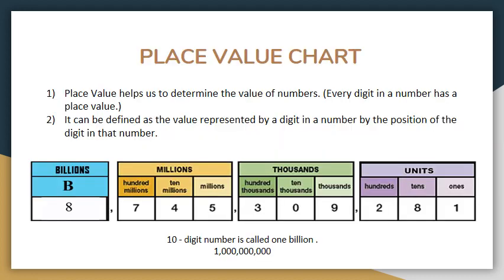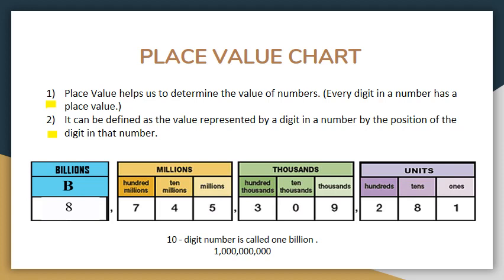Okay students, now tell me, what is place value? Do you know where place value comes in? So my dear students, place value tells how much a digit is worth based on where it is. In other words, place value is the value of each digit in its place in the number. In this slide, we have 2 definitions.